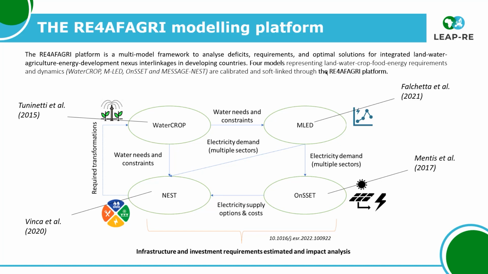As seen in the diagram over here, the four models are water crop, MLED, onset, and nest, and they interact in multiple ways among each other by soft-linking their outputs and inputs in terms of requirements, needs, constraints, technological barriers, and technological enablers and optimal solutions, to culminate with a general systemic solution that is aware of all these different parts of the puzzle.